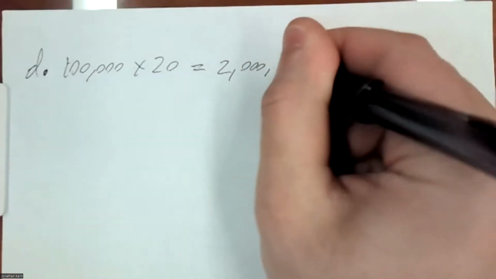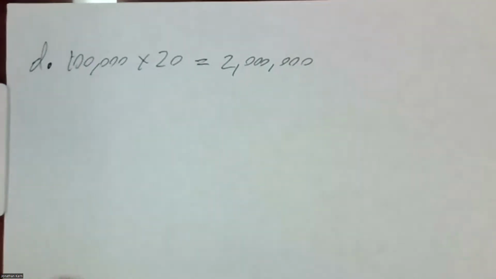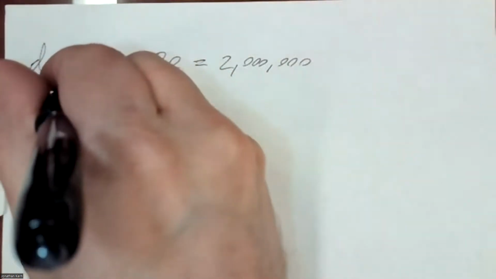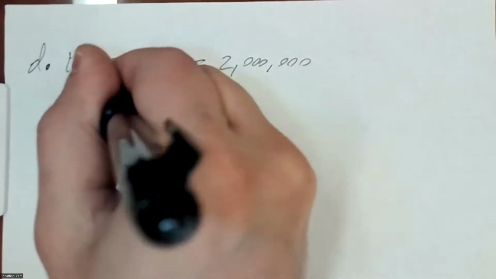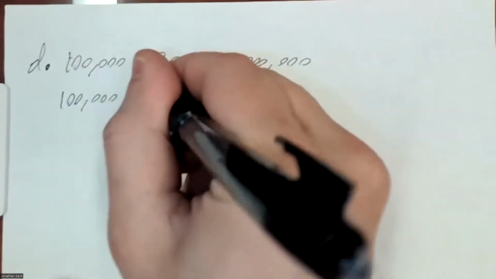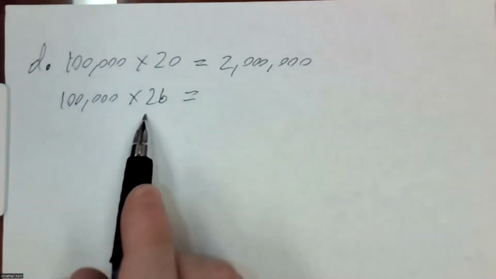And then we also need to calculate the cost of these shares. The cost of these shares is 100,000 shares times $26 per share, because remember, this is what the company purchased these shares for.